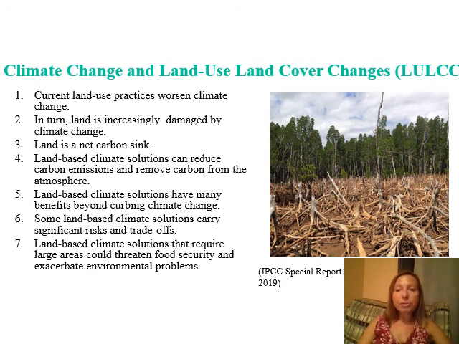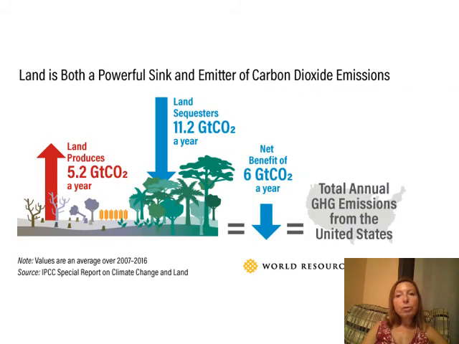So those are issues that we definitely need to be very attuned to, and look into how land use and land cover are related to climate change. Land is both a powerful sink and also a source of carbon dioxide emissions. If you think about the balance between respiration and photosynthesis, as a net effect, land is a carbon sink.